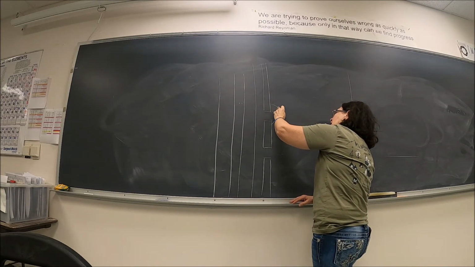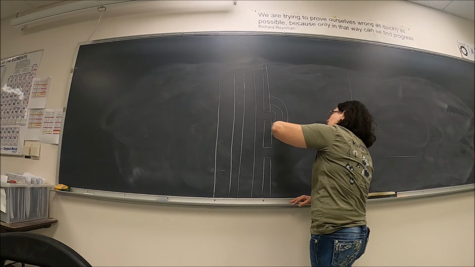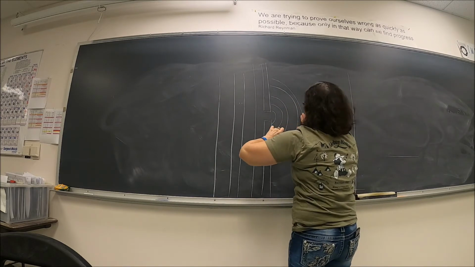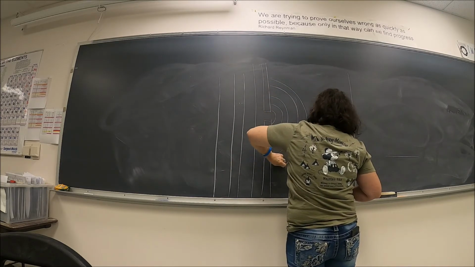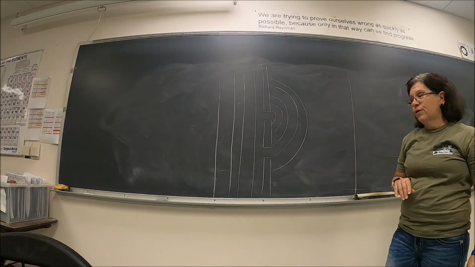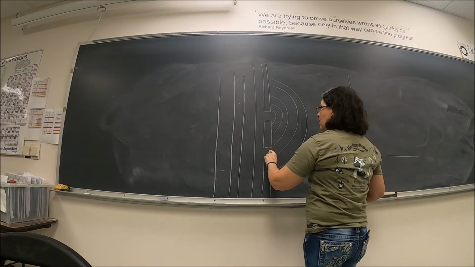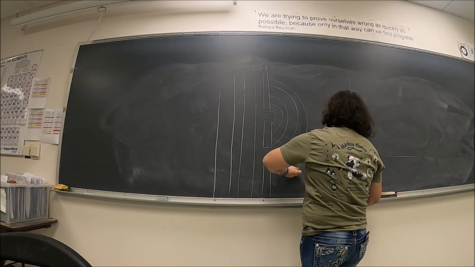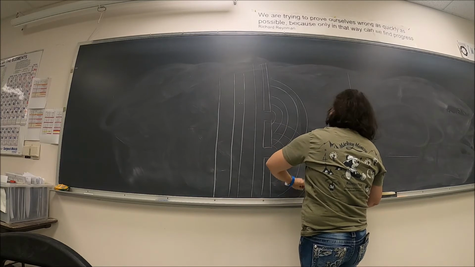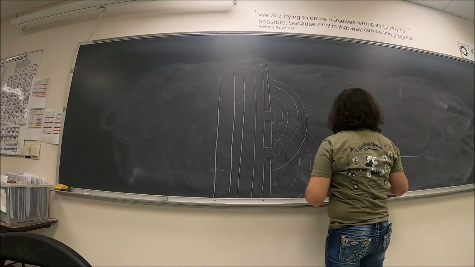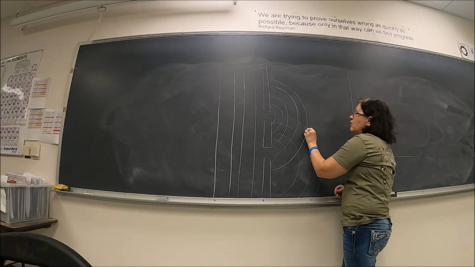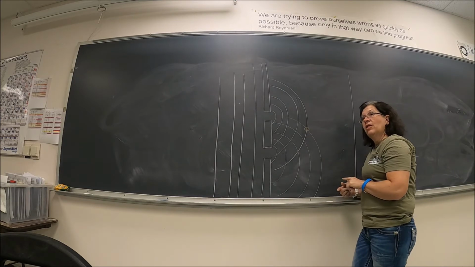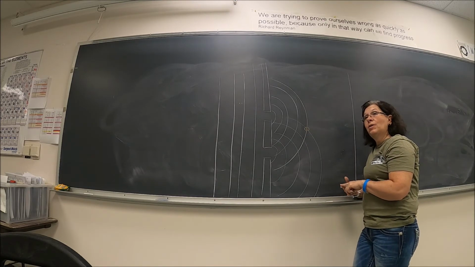When they come out the other side, I'm not drawing them super evenly, so forgive me. They come out curved. Okay? Now, same thing happens here. If I look at this spot right here, and I think about the two waves meeting, at that spot right there, they're doing the same thing at the same time.